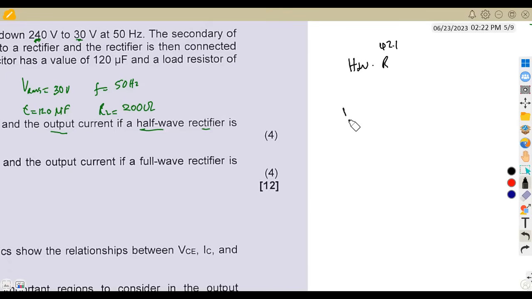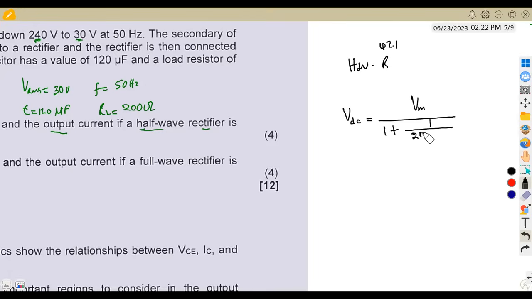So the output voltage that we are referring to is our VDC in this case. And from our formula, our VDC can be calculated from VM, which is equivalent to VM over 1 plus 1 over 2 pi F C RL.